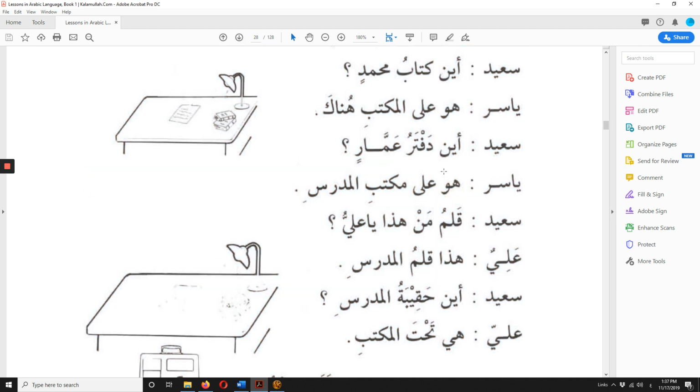And just as a fun fact, huwa and hiya, meaning he or she, are pronounced differently in some Arabic dialects. Huwa in Egypt usually sounds more like Howa.